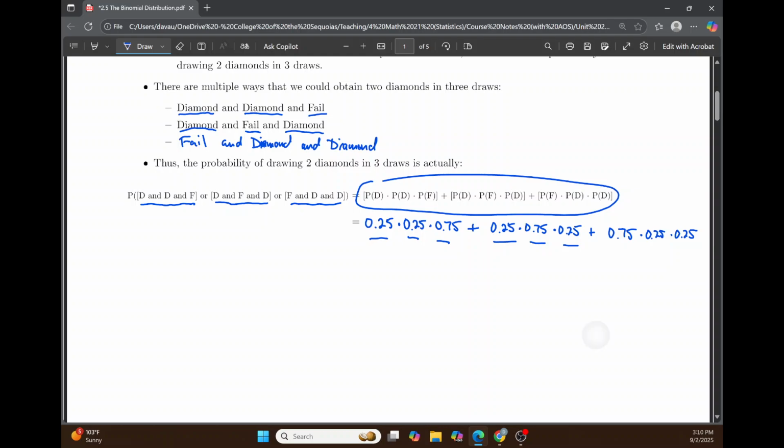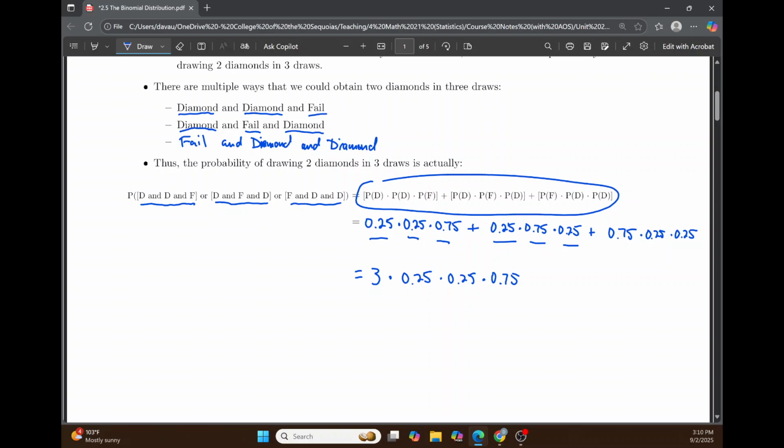So I'm going to write this a little bit differently for reasons that will become clear later. I'm just going to say, well, this is just 3 copies of 0.25 times 0.25 times 0.75. Okay. And in fact, I'm going to take it one step further before we type our answer into Desmos.